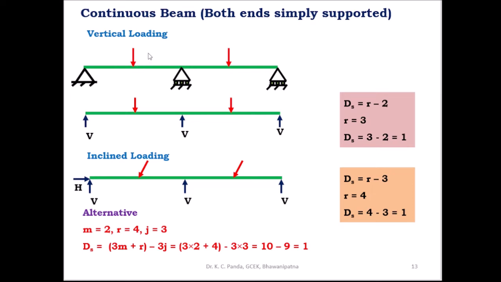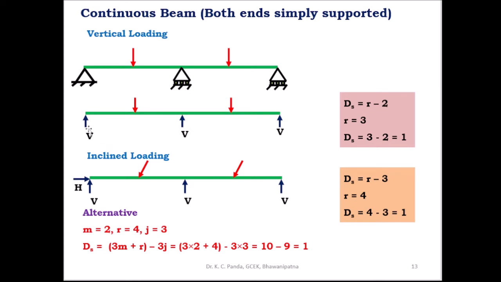And here, when the continuous beam is subjected to vertical loading, you can find the degree of static indeterminacy using the expression ds is equal to r minus 2. As the loading is in the vertical direction, at the hinge support there is no horizontal reaction component, only the vertical reaction you have to consider, and at the roller support there is only a vertical reaction.